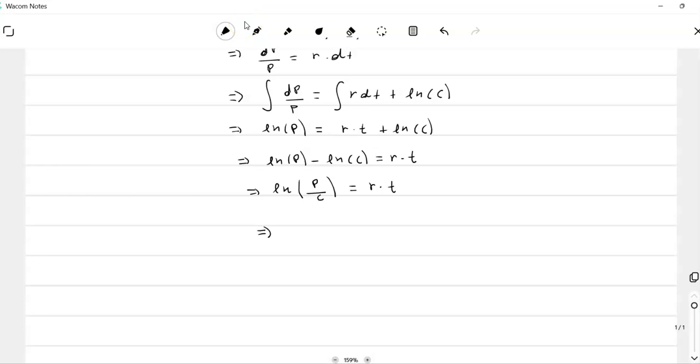Now we know that the exponential function and the natural logarithm are inverse functions. So I write it in this way. And from here I have p over c equals e to the power of r times t. So p equals c times e to the power of r times t.